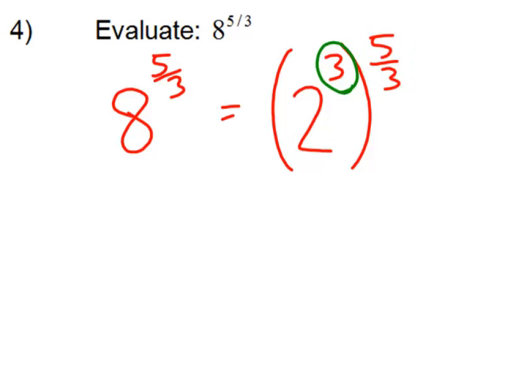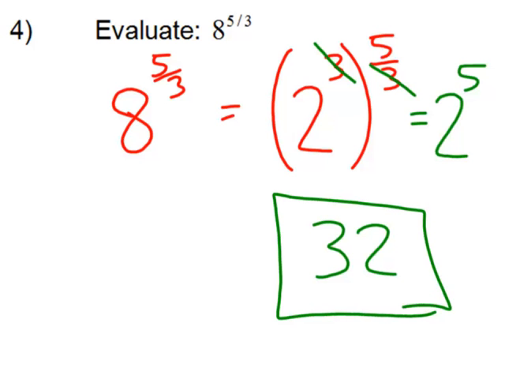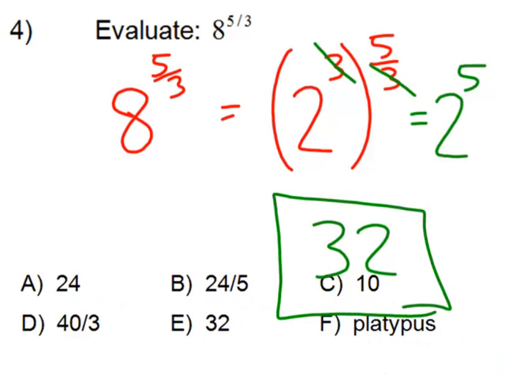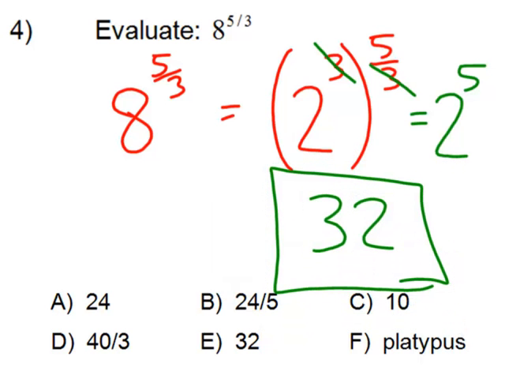In the process, the 3's divide out, and I end up with 2 to the 5th power, which is 2 times 2 times 2 times 2 times 2. 2 multiplied times itself 5 times gives us 32. So we look at our answer choices, and we see that E is our correct answer.